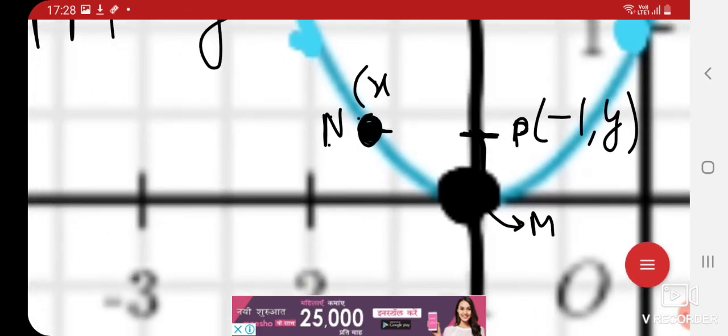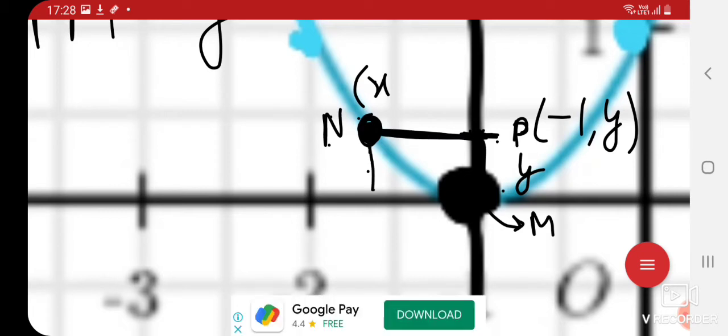That means the distance from this PN is y, and this line is perpendicular to it, right? I am drawing the perpendicular from this point P. So this PN is perpendicular to the x-axis, and this PM will be perpendicular to this line.